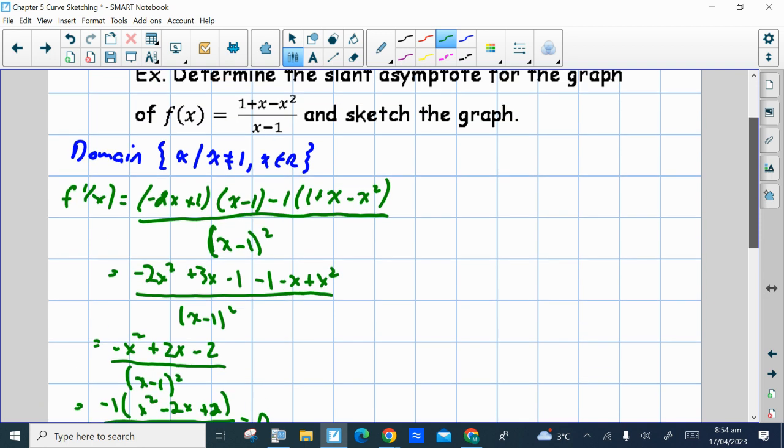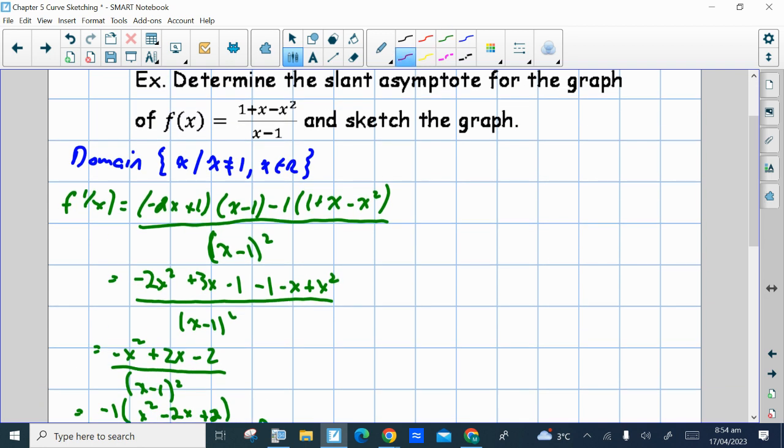Now the other thing we didn't do that we should have is find our intercepts. Okay? Our y-intercept is where x is 0. So that'll be y equals 1 plus 0 minus 0 all over 0 minus 1.